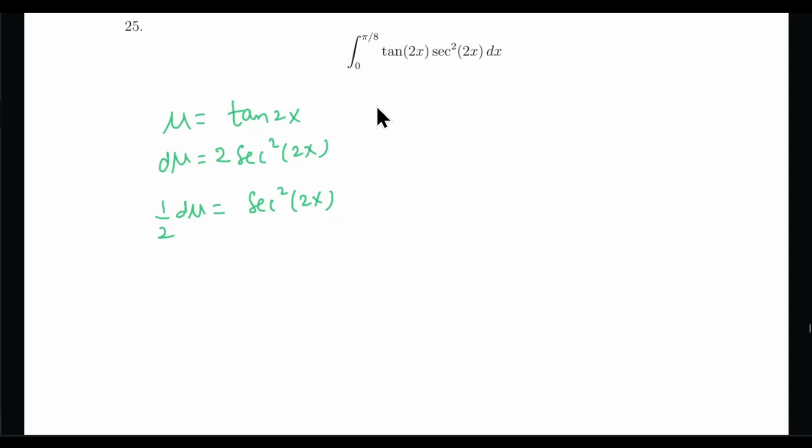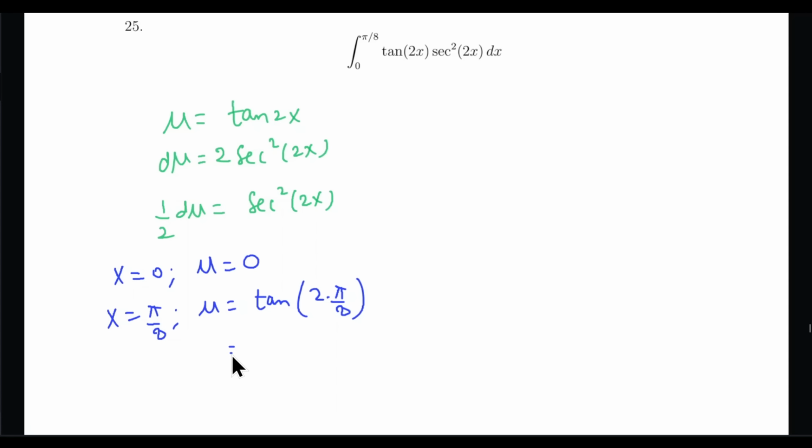Okay, the bounds are definitely going to change. So the initial x is 0, so u will become tan of 0, which is also 0. And the upper bound is pi over 8, so u is tan of 2 times pi over 8. 2 times pi over 8 is pi over 4. Tan of pi over 4 is 1, so upper bound is 1.